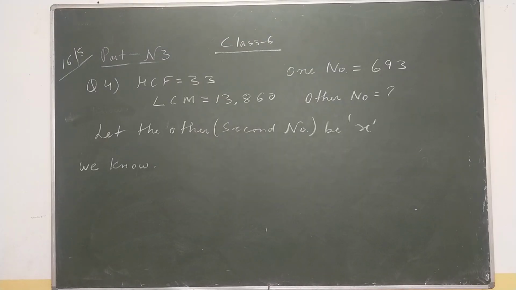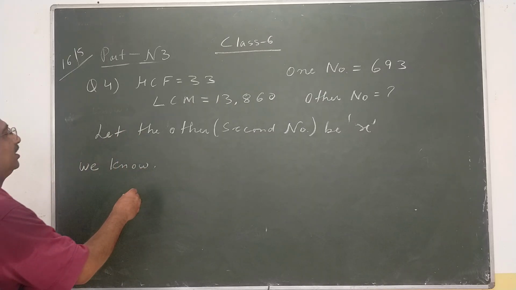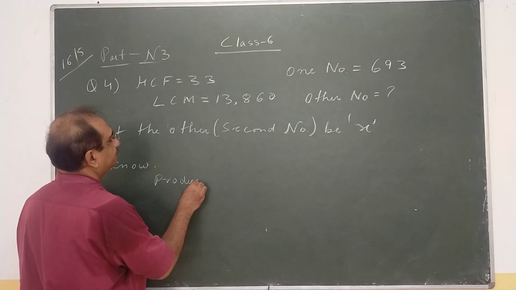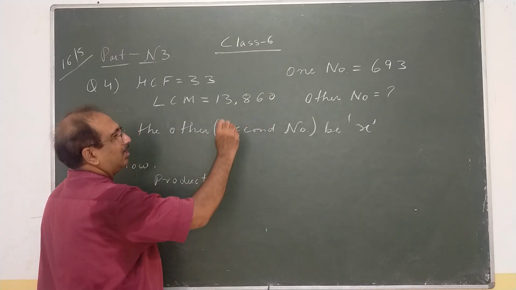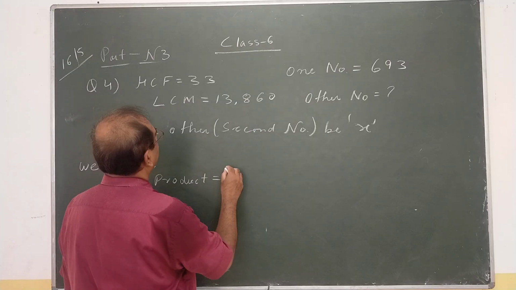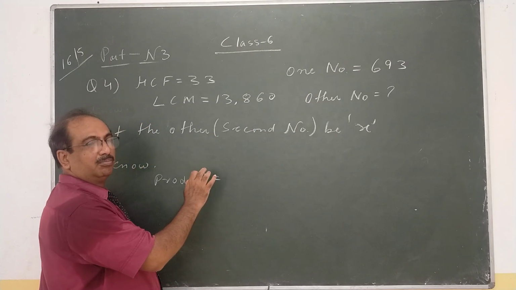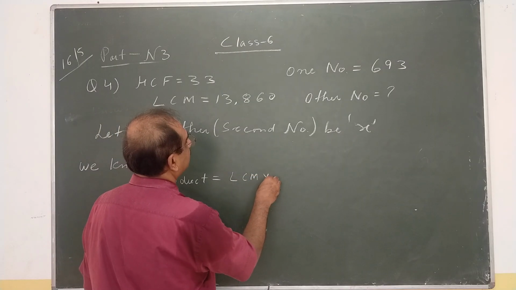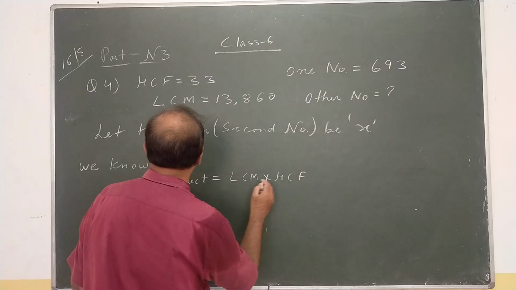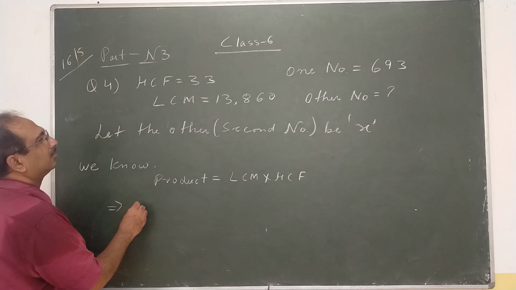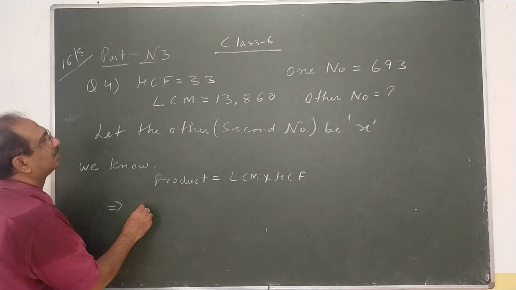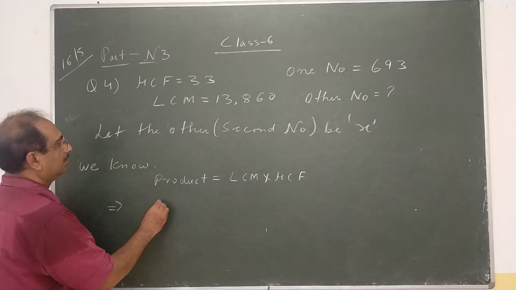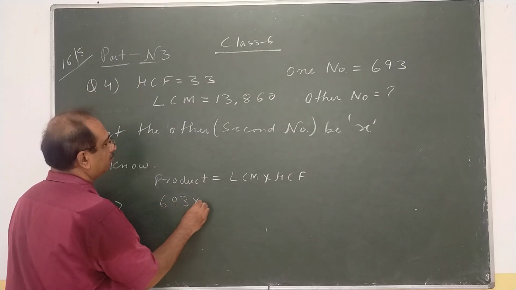So this is a bigger value question like the previous question. So we know the product of 2 numbers. One number is given, the other number we have to find. So let the other number be x. LCM and HCF of those 2 numbers are given. So the product of 2 numbers is 693, first number into x.